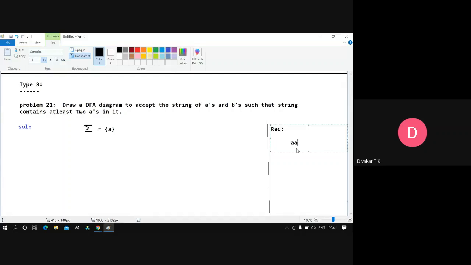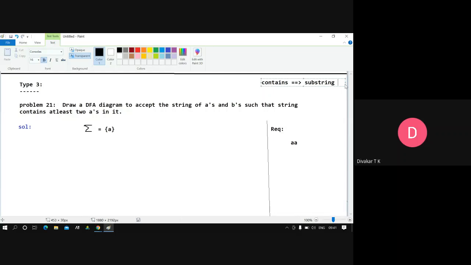Contains means it's like a substring. Always you have to remember that whenever the question says contains, it means a substring. Ending with means ending. Contains, consists, everything, it will be a substring.